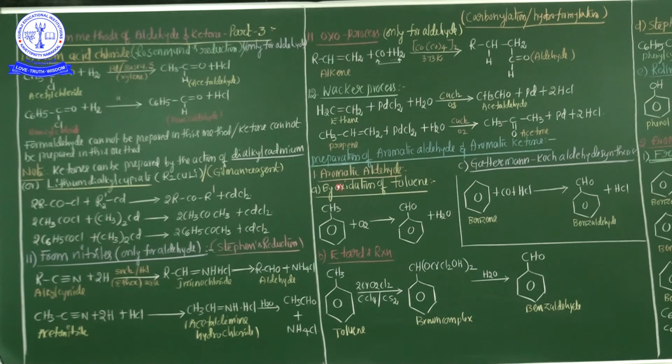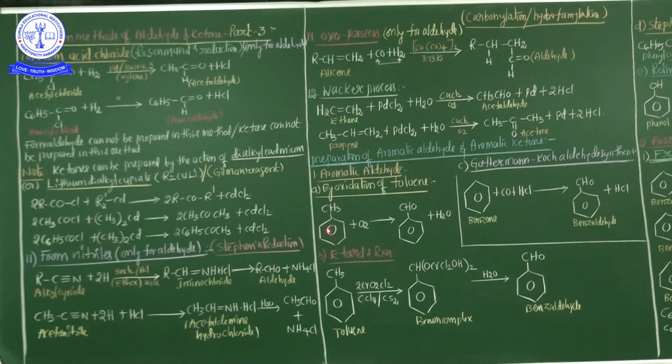So first one, aromatic aldehyde. You know how we will prepare aromatic aldehyde. First one, by oxidation of toluene. See here, the oxidation of toluene is done with air or oxygen in the presence of vanadium pentoxide, V2O5, at 623 kelvin to give benzaldehyde.